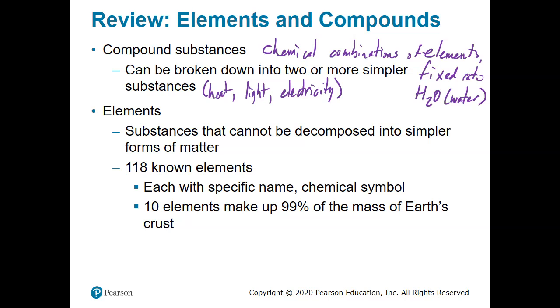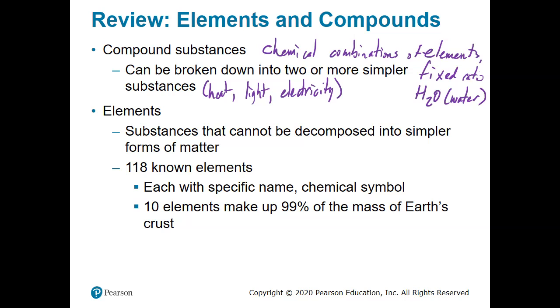So I can take a compound like calcium carbonate, heat it up real good, and carbon dioxide will find its way out of the carbonate and leave behind a white solid calcium oxide compound as a result. I can expose hydrogen peroxide to light and it will decompose into water and oxygen. I can shock water with electricity and it'll turn into the hydrogen and oxygen that it was made of in the first place.